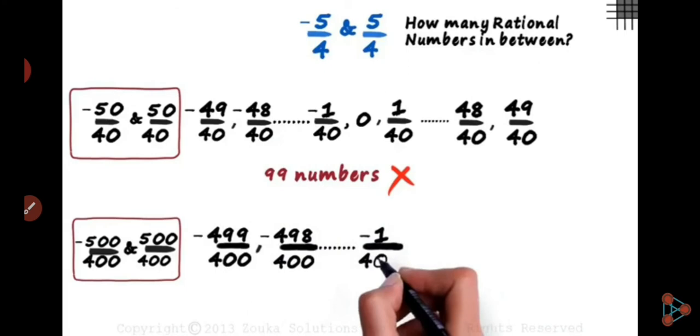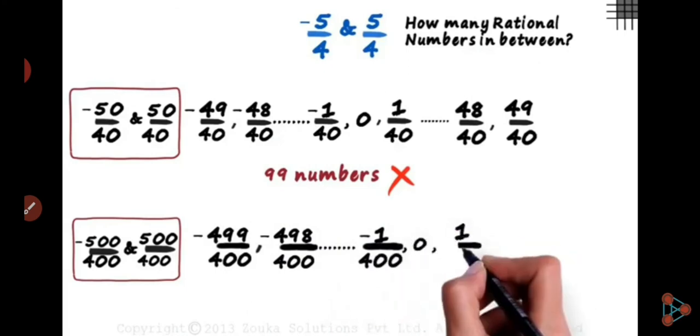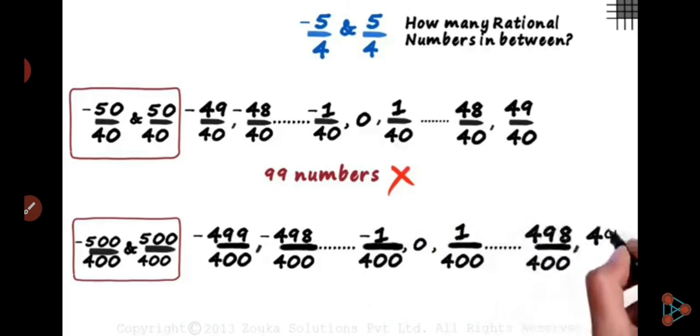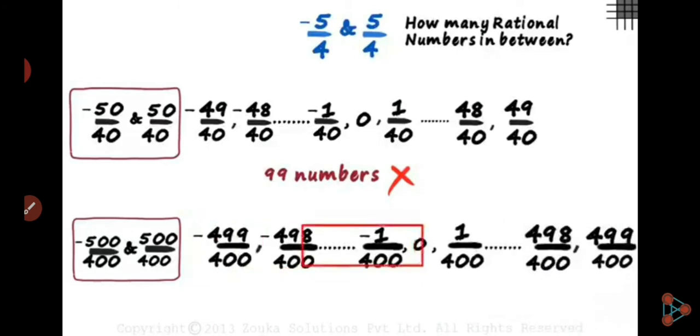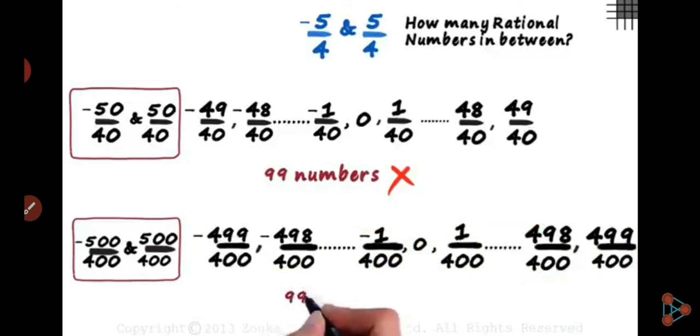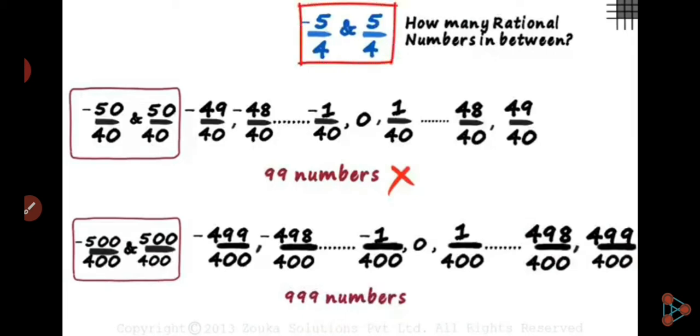Minus 1 by 400, 0, 1 by 400, and on and on. 498 by 400 and 499 by 400. 499 numbers here, 0, and 499 numbers here. A total of 999 numbers. So now we can count 999 rational numbers between minus 5 by 4 and 5 by 4.